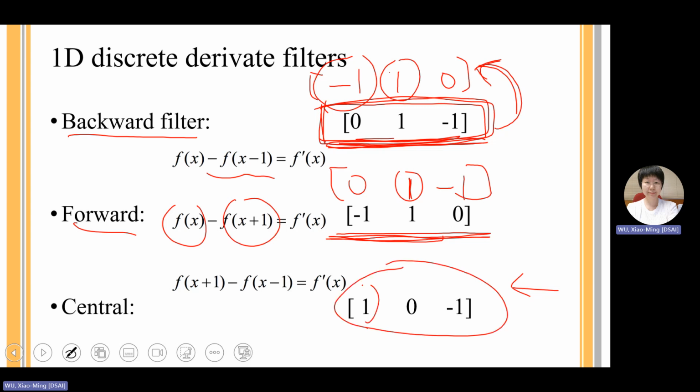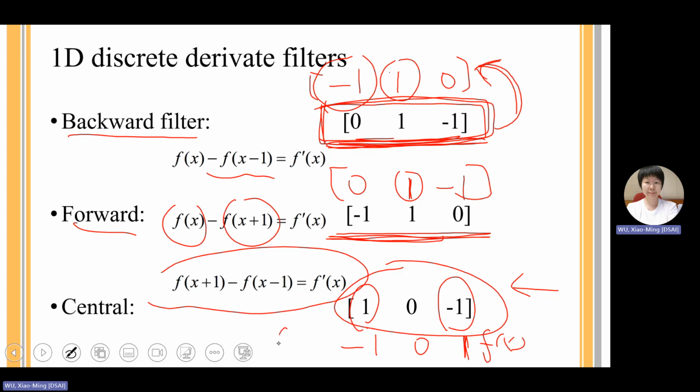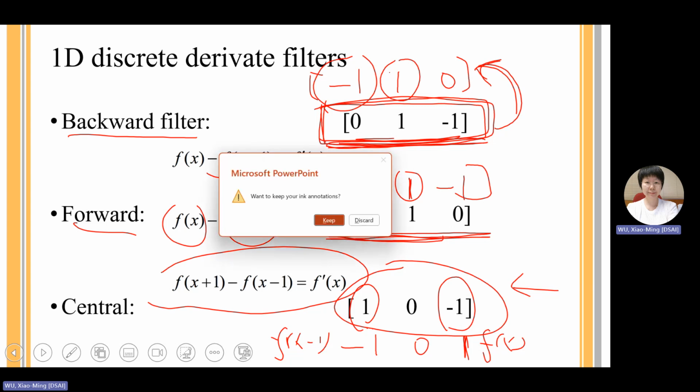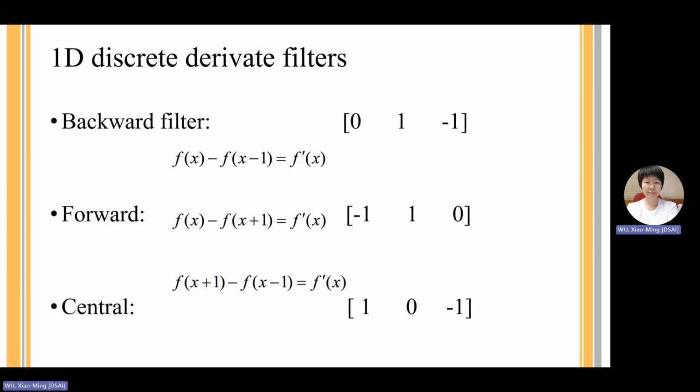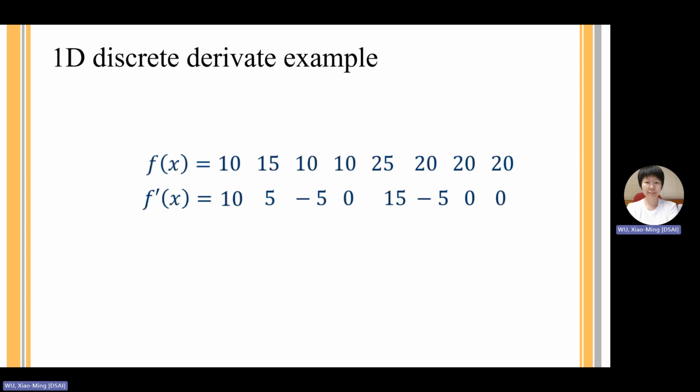One is here, -1 is here, and after flipping, it becomes -1, 0, 1. So after flipping, the actual computation is f(x+1) minus f(x-1). Just so you know, when we represent a filter in the form of convolution, we need to flip it first before we do the calculation.